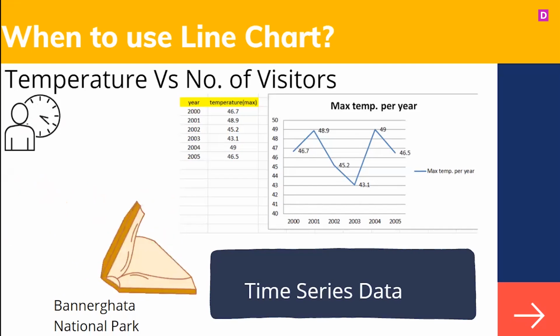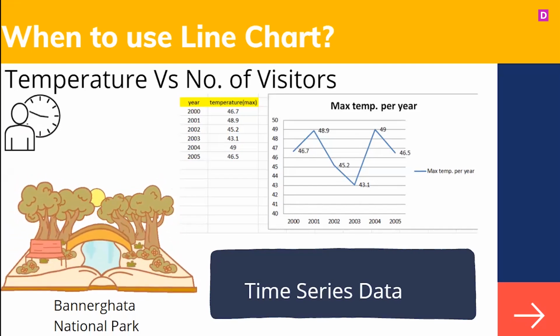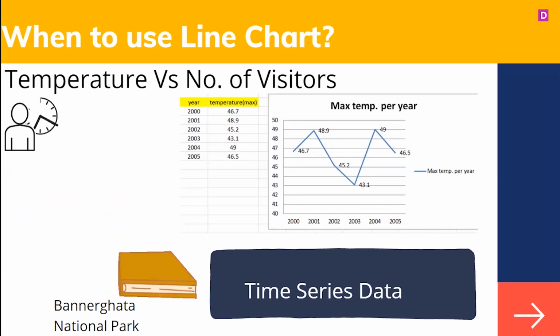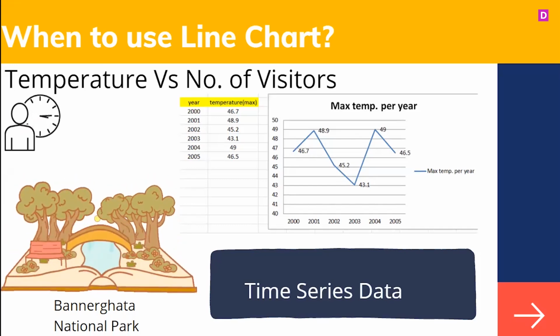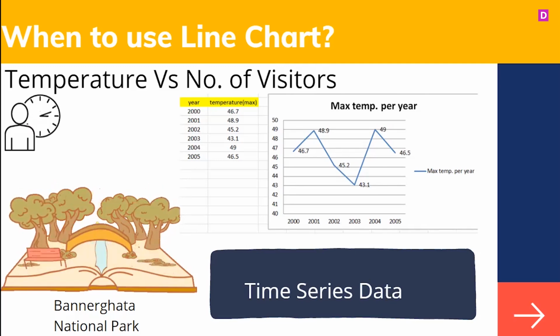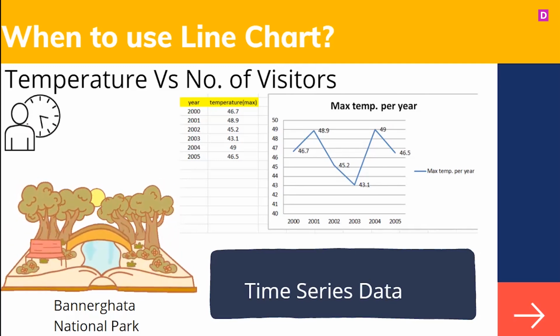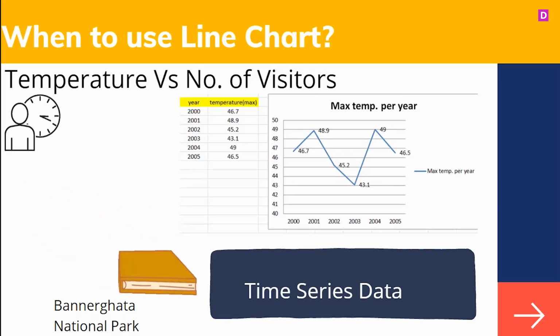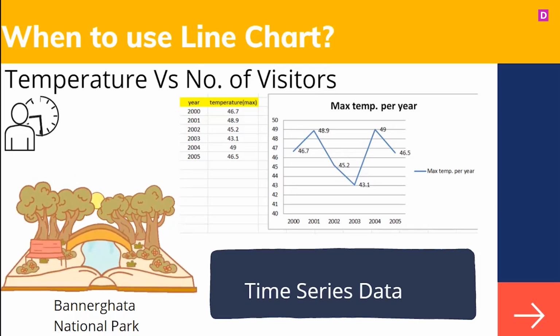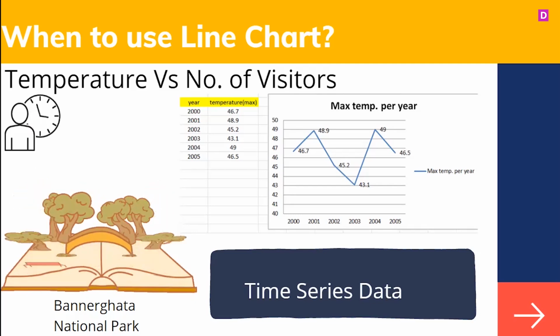The reason why I'm telling you is that probably every Tuesday the Bannerghatta National Park is closed, which means on that particular day I will not be having any data, right? So that is what I call discrete. So the type of data that you might have in your hand is mostly time series data, and this time series data may be continuous or discrete in nature.